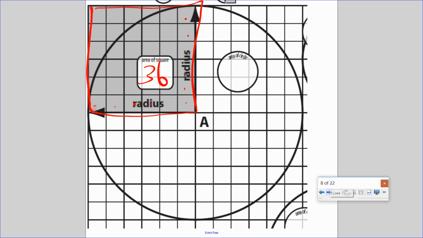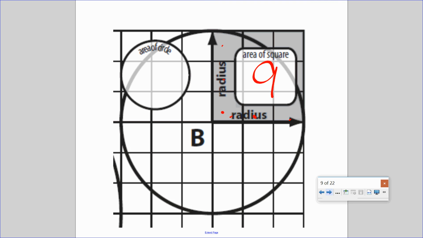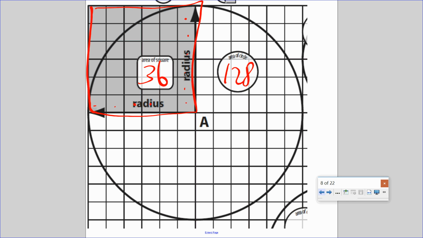So the area of this circle was 112, and this one was 28. If you compare the area of the circle to the area of the square, it has a ratio of 3.11.